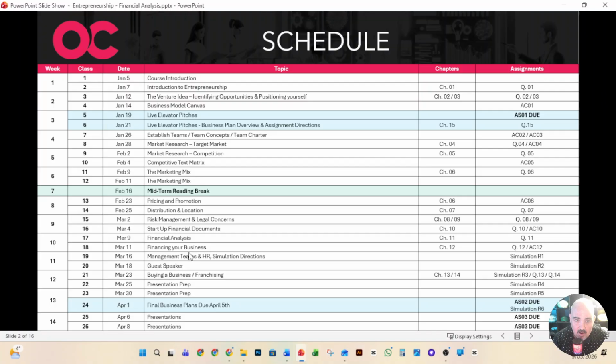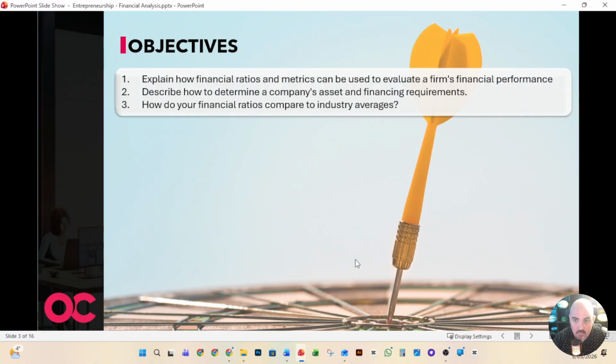Just looking here at our schedule, obviously we're March 9th here, so financial analysis, that's chapter 11. In the next class, we'll look at financing your business, so where to actually get investment from. So basically, in this one, we're looking at our financial documents to see if there are any metrics or any ratios or any margins that we need to be looking at that's going to tell us how our company is doing.